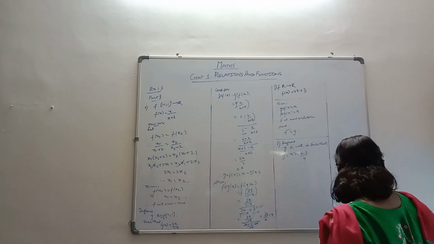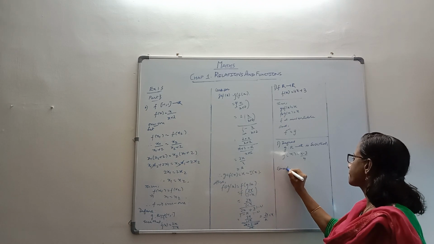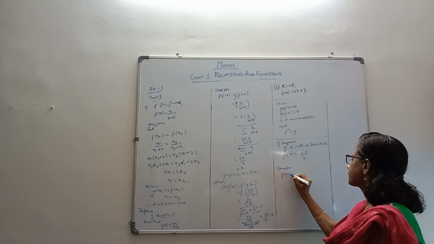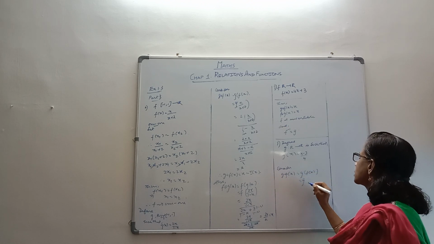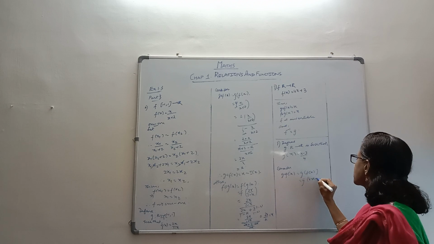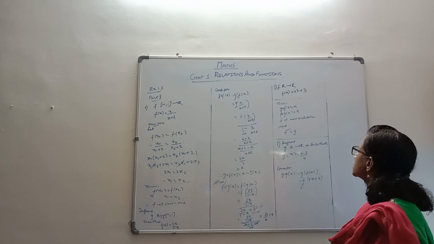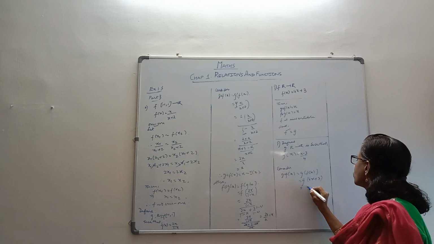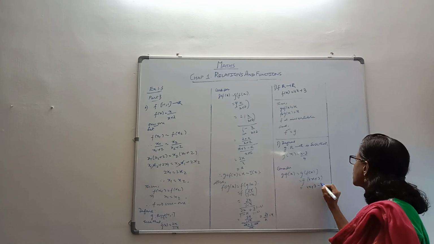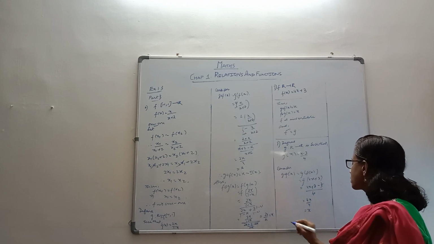Now let's start with g o f and consider g of f of x. That is g of 4x plus 3, which by the definition of g is 4x plus 3 minus 3 by 4. The 3s cancel, leaving 4x by 4, which is x.